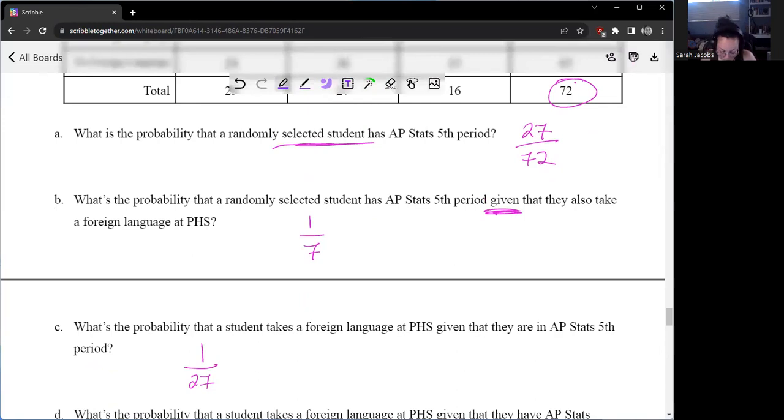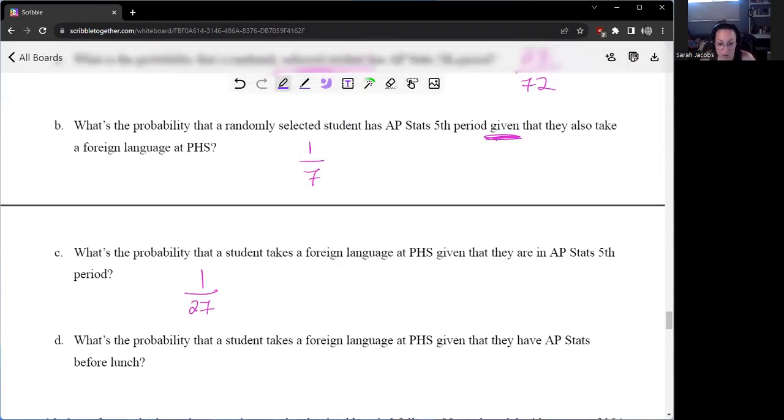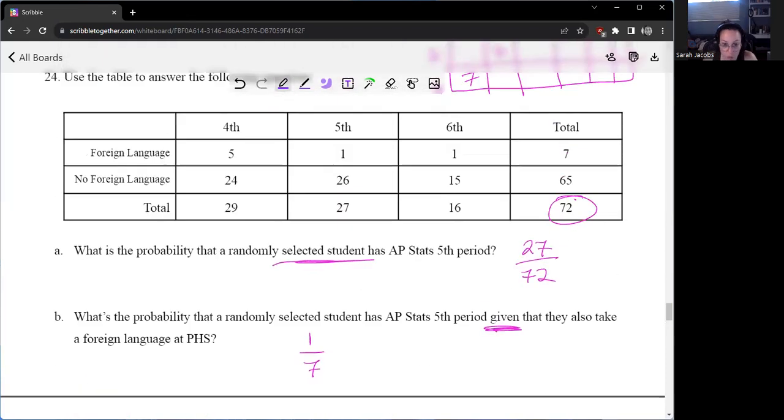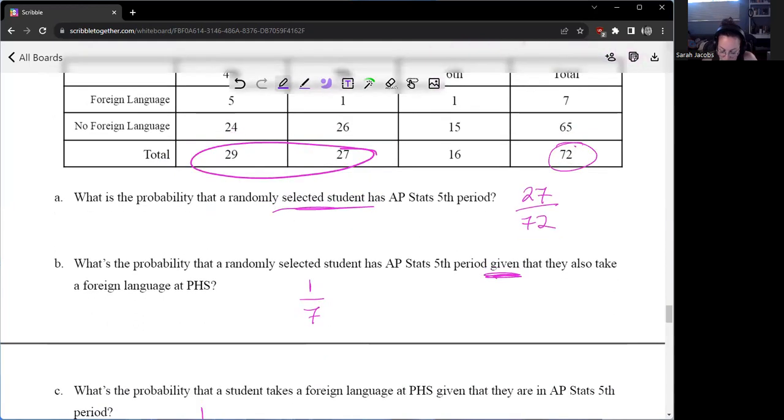All right. What's the probability that a student takes a foreign language at PHS, given that they have AP Stats before lunch? So our before lunch periods are 4th and 5th. So given that they're in 4th or 5th period, the sum of this is going to be our denominator. And what is that? 56?